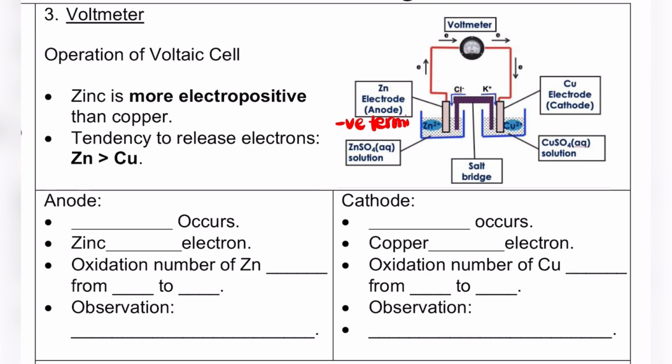Another name that you can understand. And the cathode is our positive terminal. This is the setup for the galvanic cell. This solution, zinc sulfate, is our electrolyte, and the same goes for copper sulfate. And last one, don't forget the salt bridge in the middle of the two electrolytes.